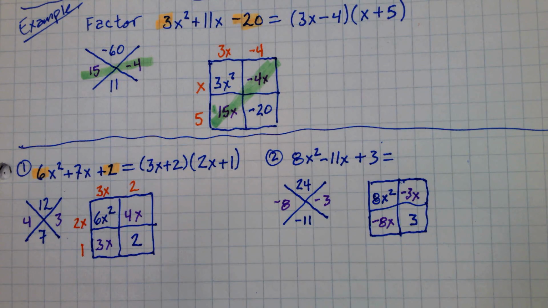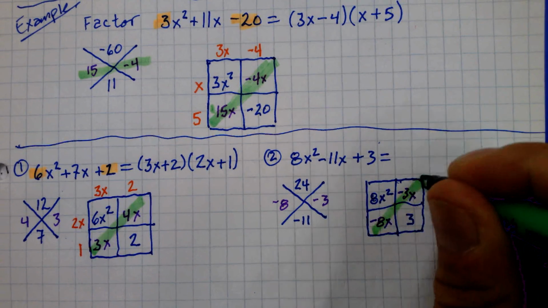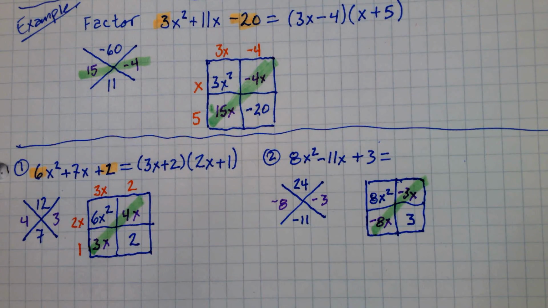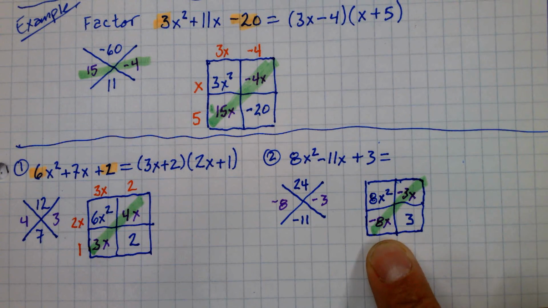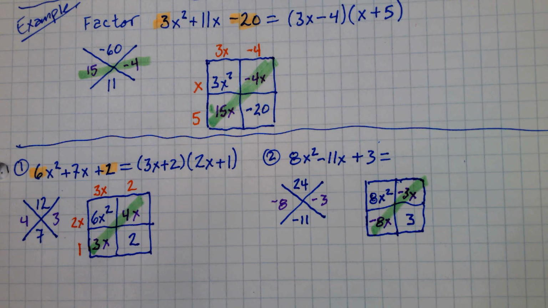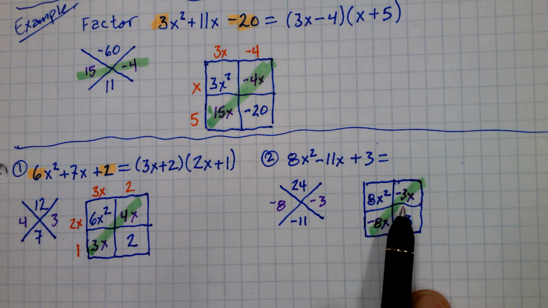So remember, the key is always on the diagonal. They have to have x's because they have to be like terms. And if you have negative 8x there and negative 3x there, that's fine. It all works out on the factoring. All right, so let's factor 8x squared and negative 3x.